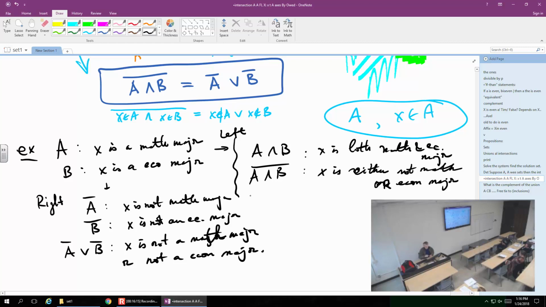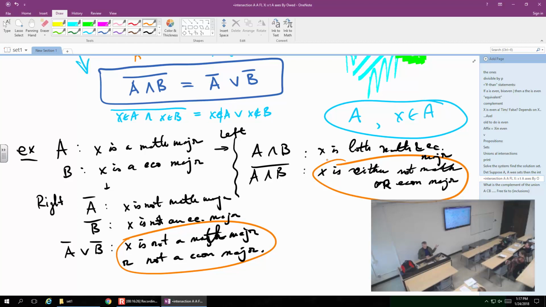Then we compare our conclusions. That's here, and over there, x is either not a math major or not an economics major. So it's the same thing.